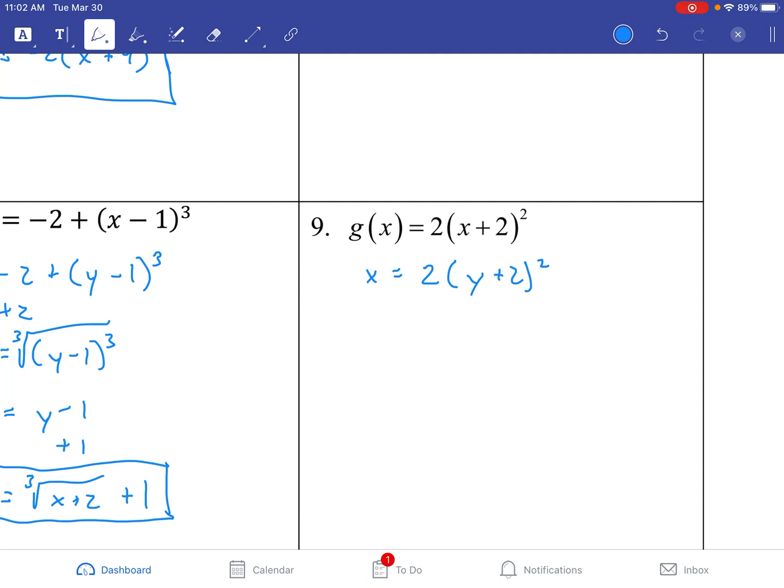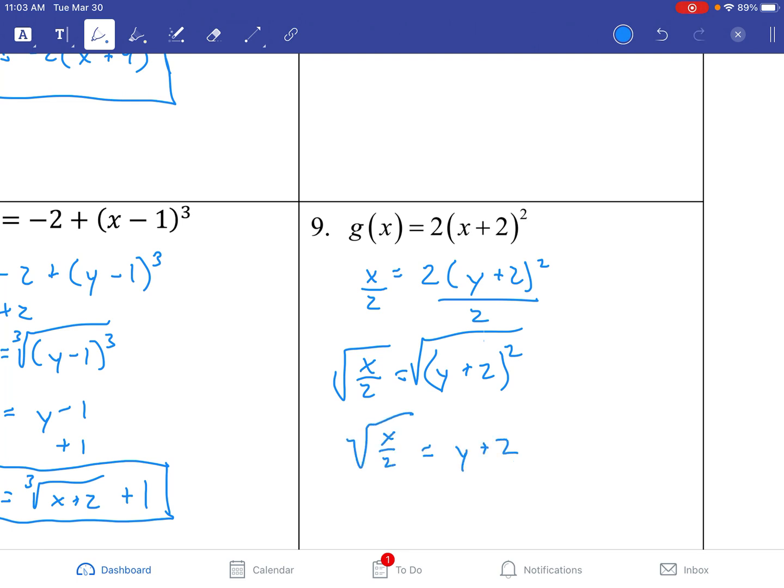All right. So before we can square root both sides to get rid of the squared, we have to divide both sides by 2. So we have x over 2 is equal to y plus 2 quantity squared. To get rid of that squared, we square root both sides. So we have the square root of x divided by 2, let me make that bigger, equals y plus 2.